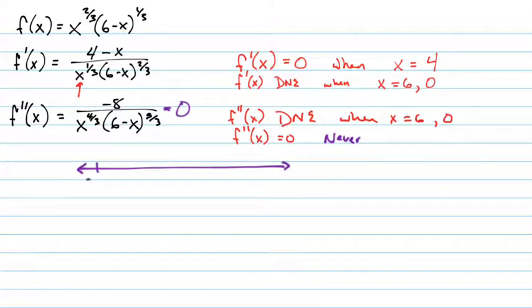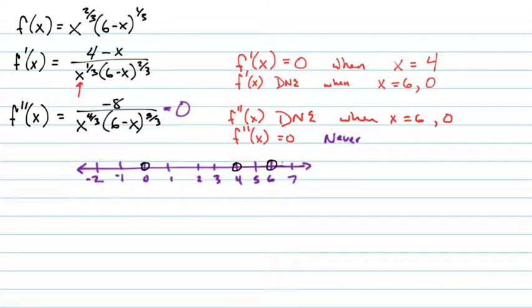I'm going to run out of room, though, so let's add a little bit to this. Our critical points, as we said, are at 6, 4, and 0. So that gives us 4 basic intervals.